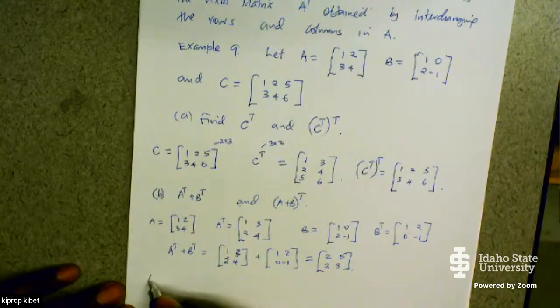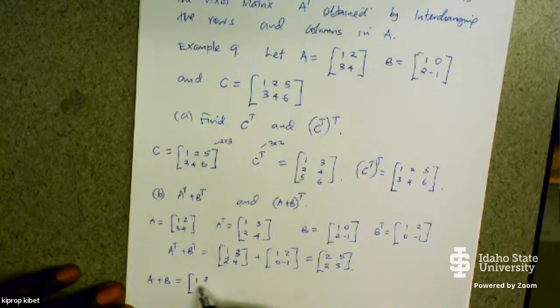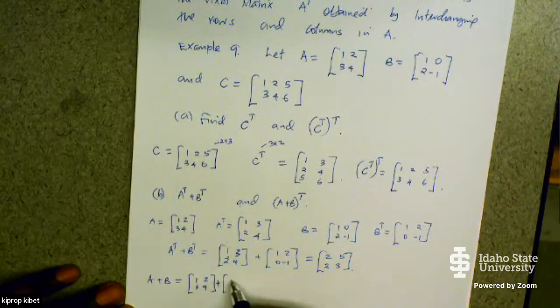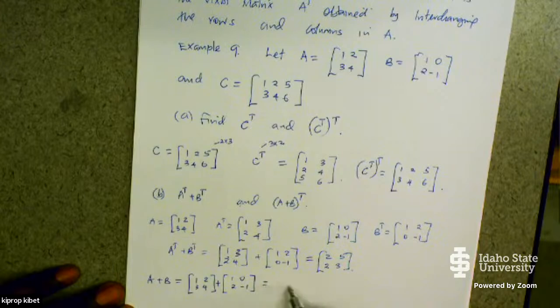So A plus B equals [[1, 2], [3, 4]] plus [[1, 0], [2, -1]], which is giving us [[2, 2], [5, 3]].